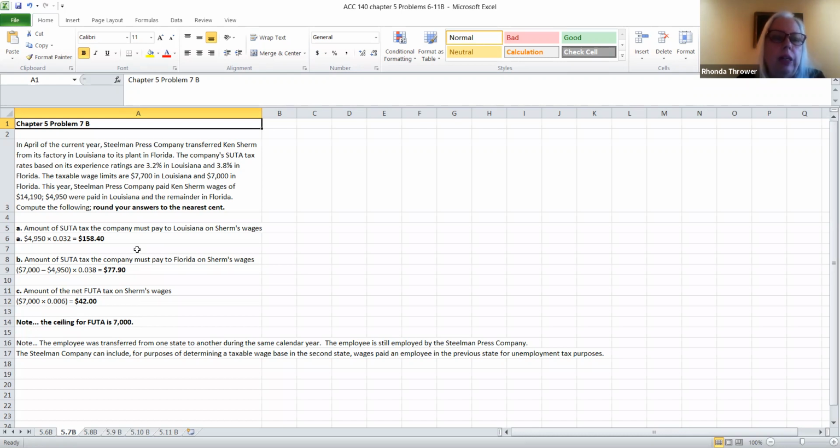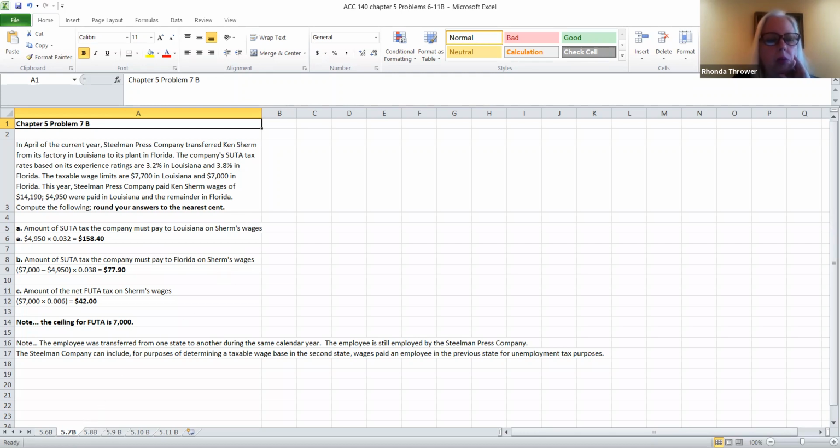But what you have to realize is that the SUTA, the state tax ceilings, are different depending on the state that you're in. And there's a chart in your textbook that will show you what the amount of the state rates are going to be. We'll talk about this chart in just a few minutes.